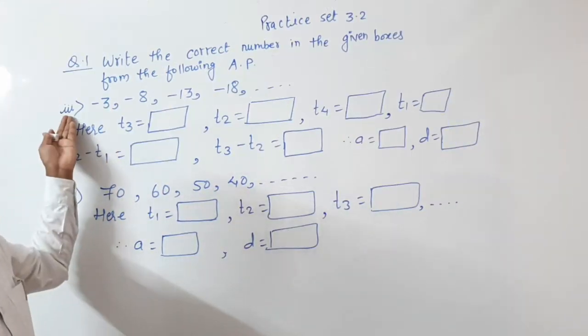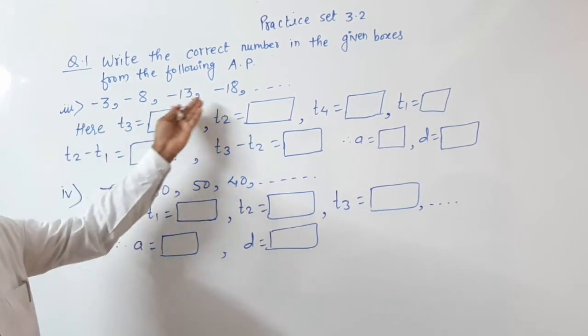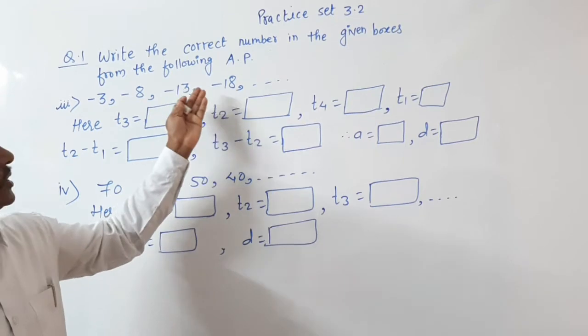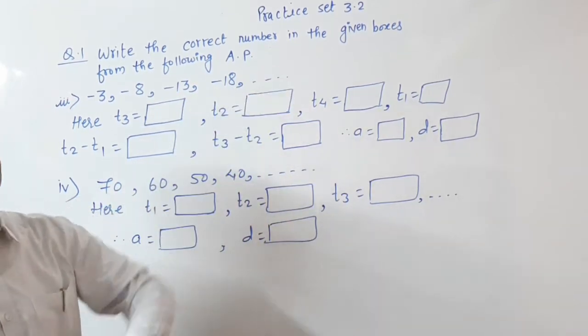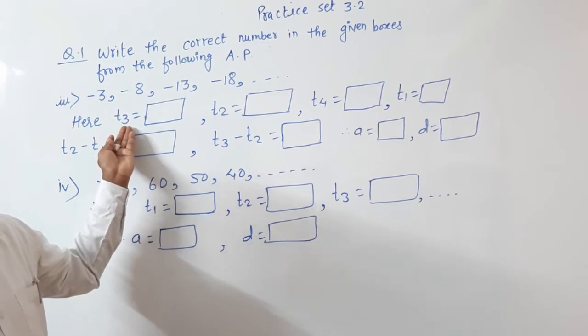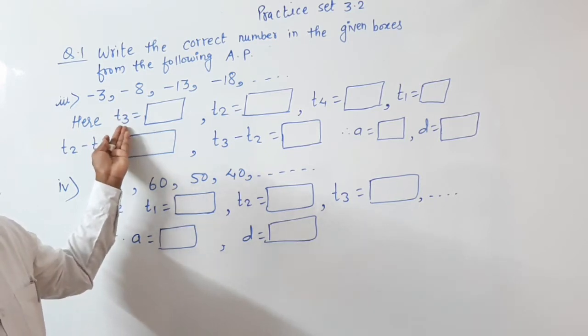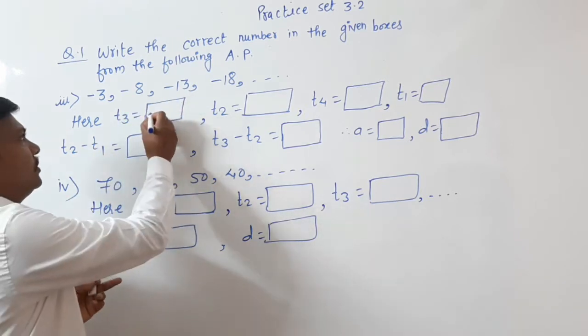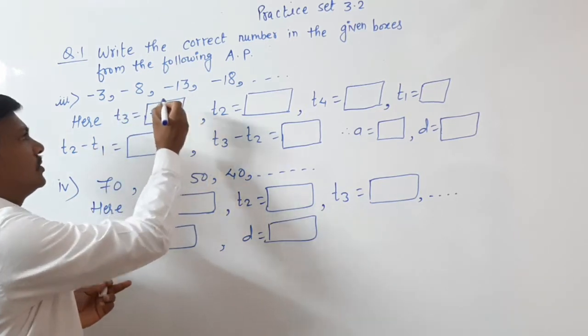Let's see question number 3. Here the arithmetic progression is minus 3, minus 8, minus 13, minus 18 and so on. So here the first question is T3. So T1, T2, T3. So T3 is minus 13.